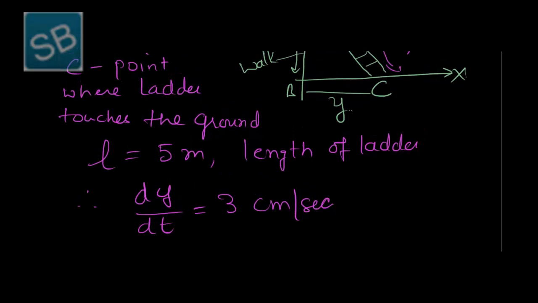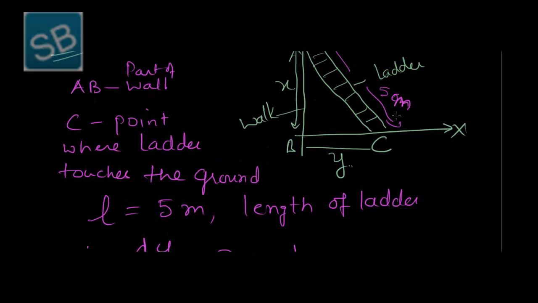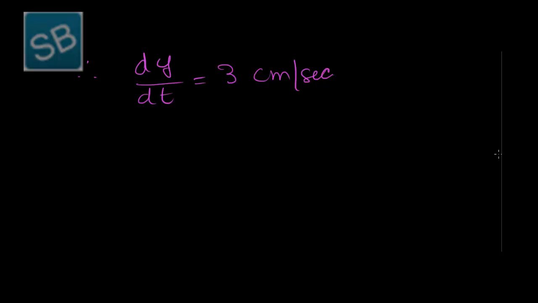And as it is pulled away, the height will decrease. If it is at this point, the ladder will become this. If it is at this point, the ladder will become this. So the height goes on decreasing. Therefore, we have to find dx over dt.